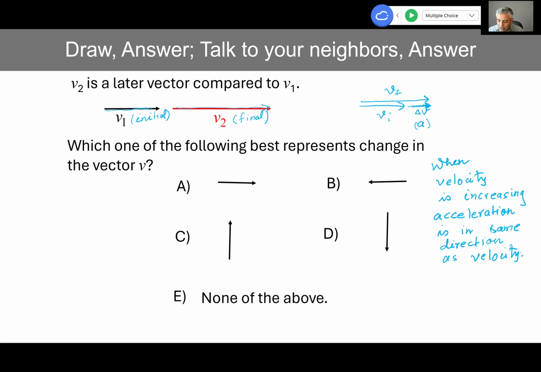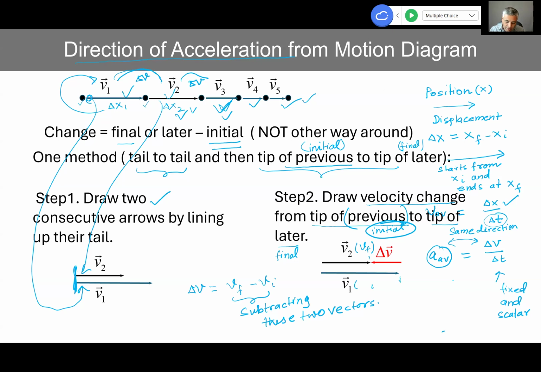So now I'm going to go back to the previous slide and see what we had here. Okay, over here, what was happening? The lengths were getting shorter, which means velocity was decreasing. So when velocity was decreasing, the direction of acceleration was opposite. Do you see that? So when velocity is decreasing, acceleration is in what direction?